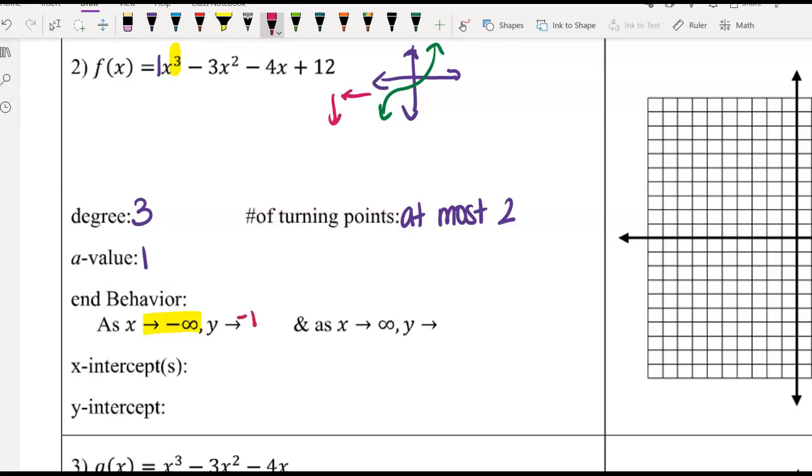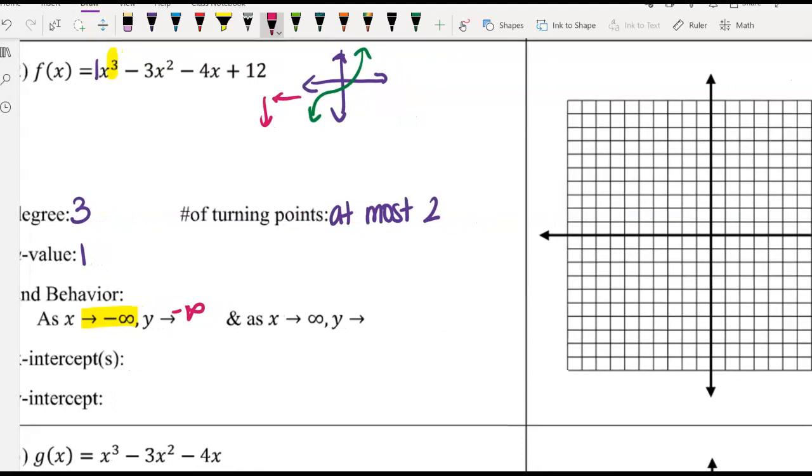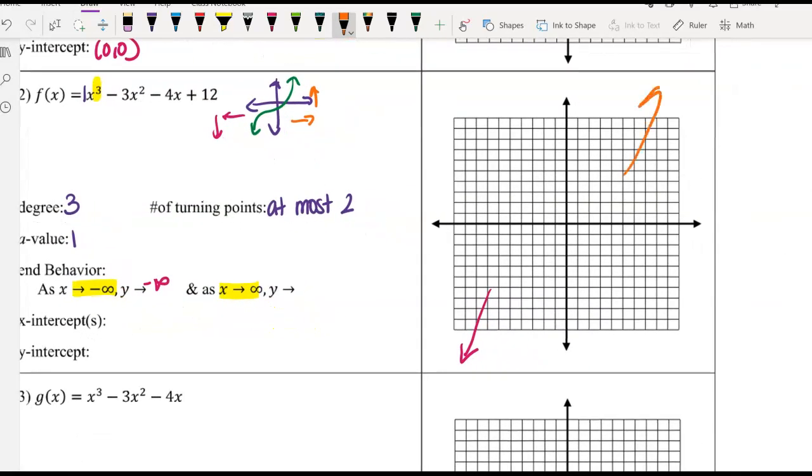So that's going to be -infinity. That helps us sketch. If x is over here, I'm going to end up down here somewhere, okay? And then that's going to be similar to positive infinity. When x goes towards positive infinity, y goes up. So I'm going to go somewhere up like that. So those are the end behavior.